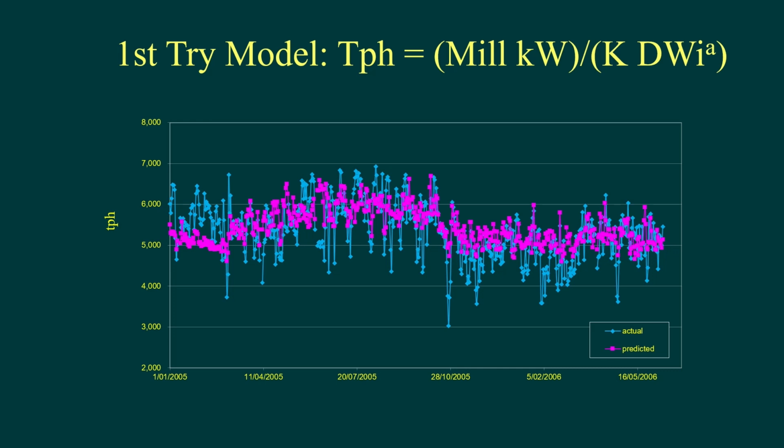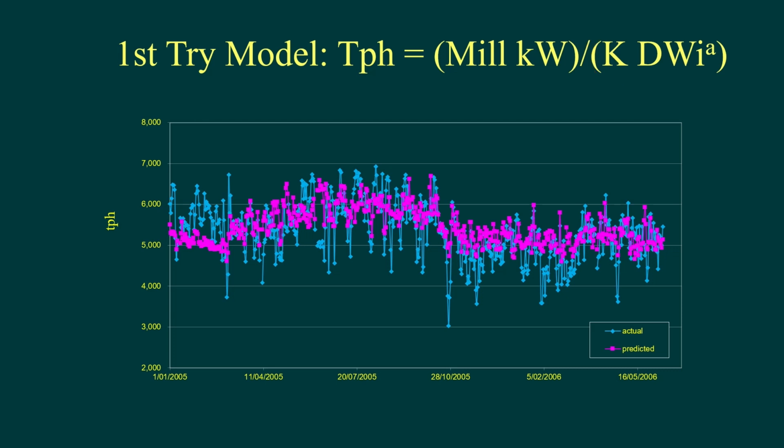Well, I decided to go one step simpler and say that specific energy is simply a function of just the DWi, the hardness, and a constant K. So the throughput forecast was based on the mill power draw divided by the mill specific energy, and the mill specific energy was estimated by multiplying the DWi by some empirical function.